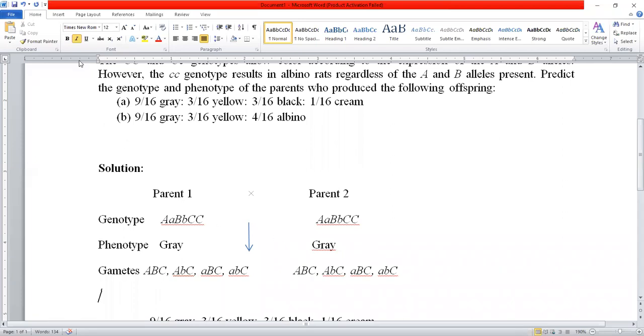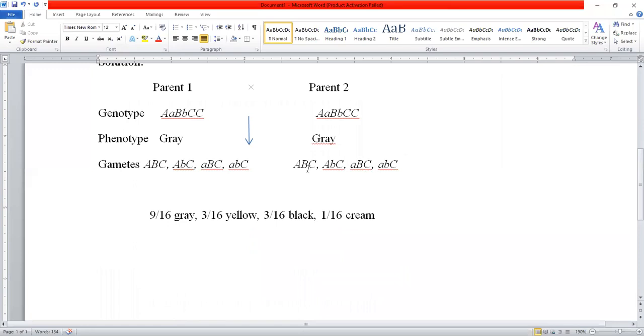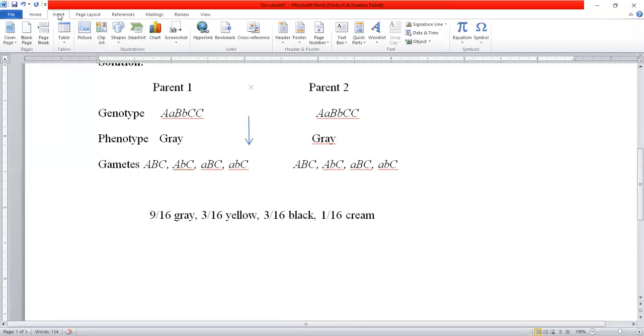So now we draw the Punnett square to determine the genotypic combinations in the next generation.